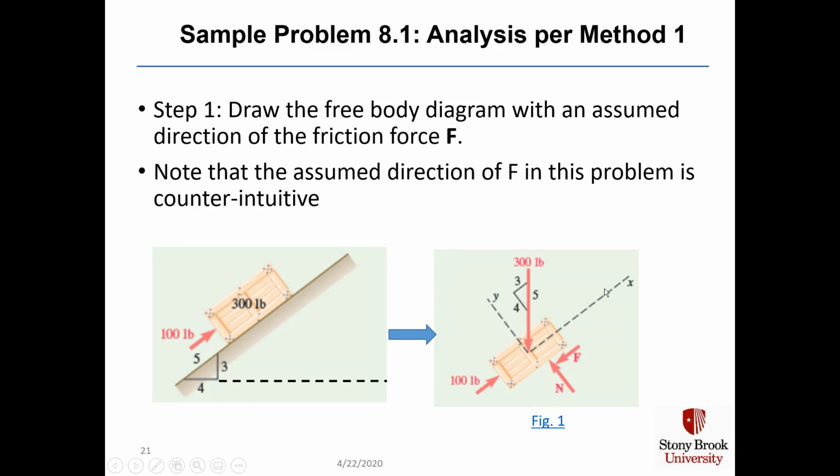Note that we've rotated the axes to have X go down the center line of the crate and Y is normal, as it should be, to X. And this 3, 4, 5 triangle has been reoriented, in this case lining up the long side with the 300-pound force, but it's still consistent once we rotated the axes with this 3, 4, 5 triangle. Here's our normal force, which acts normal to the x-axis, where the x-axis is drawn on the inclined plane.